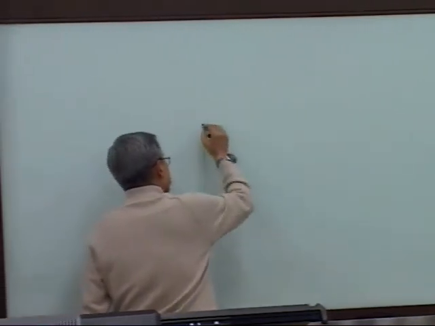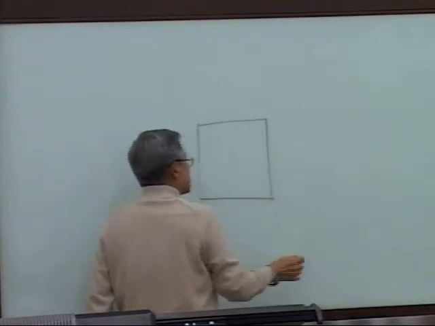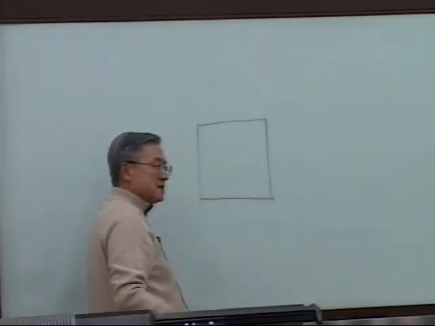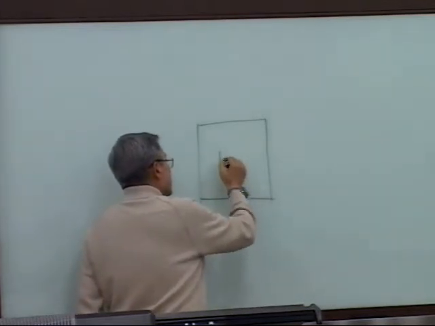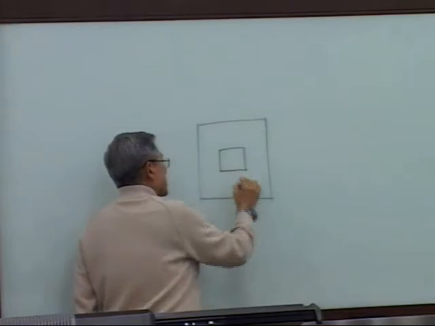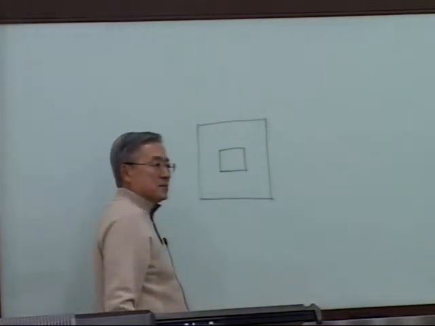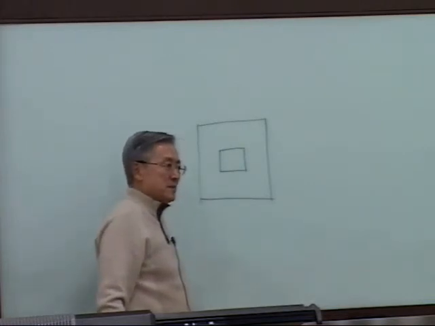For example, like a hit and miss problem. In a hit and miss problem, you could see the target. This is like the area you want to hit in the target practice.